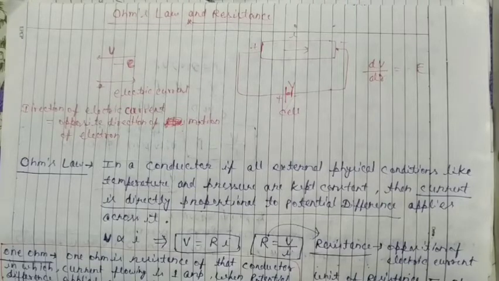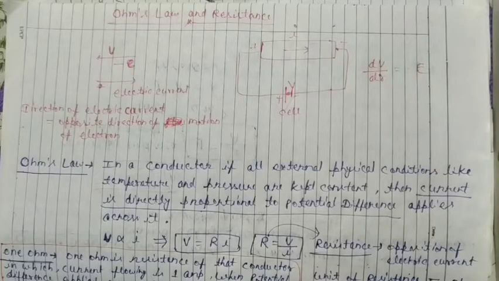In electric current, we will study a new concept today, that is Ohm's law. How does an electric current start? For electric current, we have to generate an electric field.